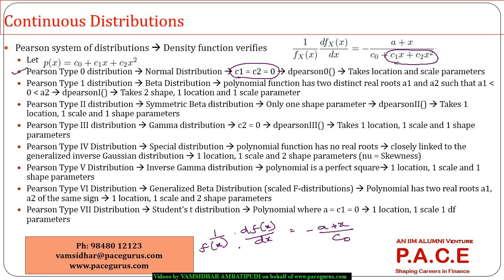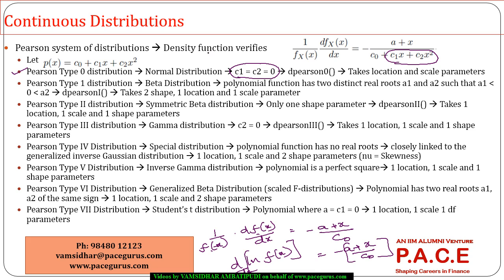Now you can very well see this: 1 by f of x times df of x is nothing but the derivative of log f of x, right? Because it is 1 by f of x and df of x by dx. So this is becoming minus of a plus x by c naught.